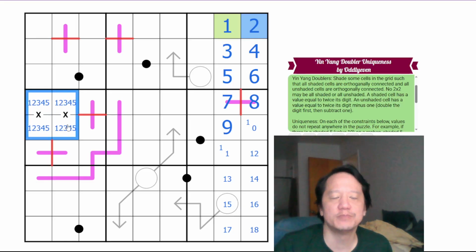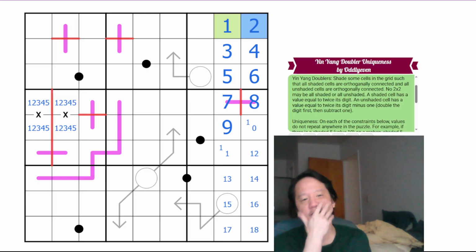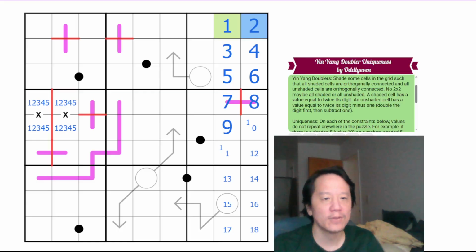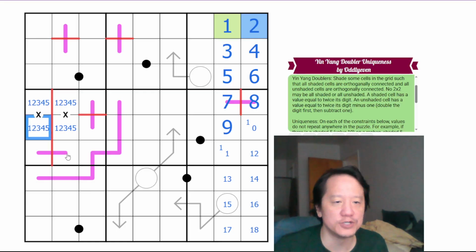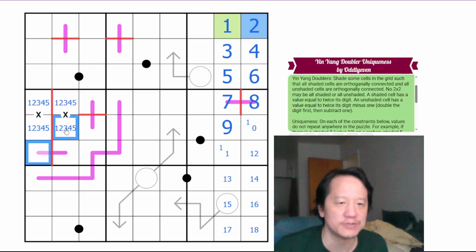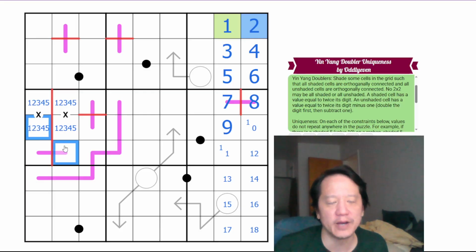In a 2x2 box, you can't have the same shading all throughout. So one of these is one shading, the other is a different shading. So we know this is also a change in shading. You can't have this be one shading and this a different shading, because then these would be opposite shadings, and that would be a deadly pattern for yin yang shading.